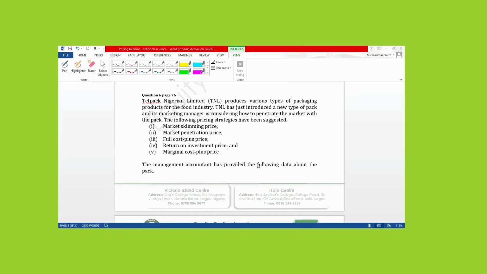Marginal cost plus pricing is when we determine relevant cost. Yes, Amarachi.